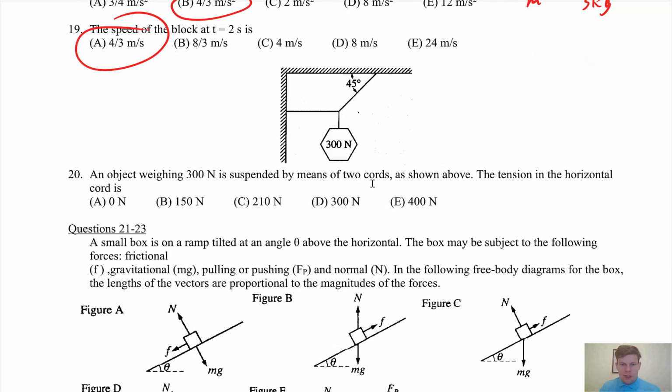And last one for this particular video. We want to know the tension in the horizontal cord. And we're again using sort of our equilibrium unit. If this is 300, that means this is 300, because this is the only down force, gravity down, and the upward component of this angled wire is the only upward component of the tension.